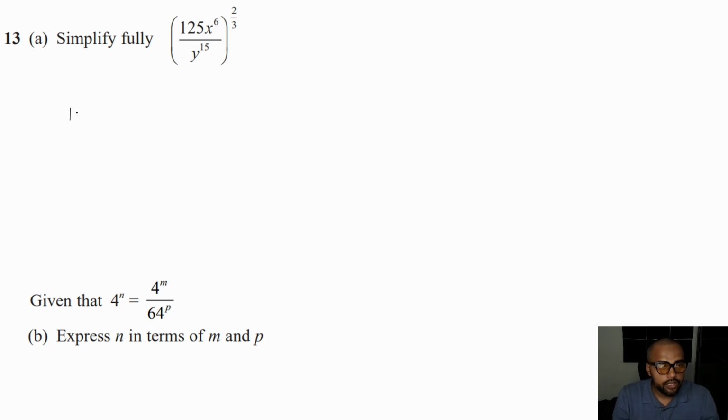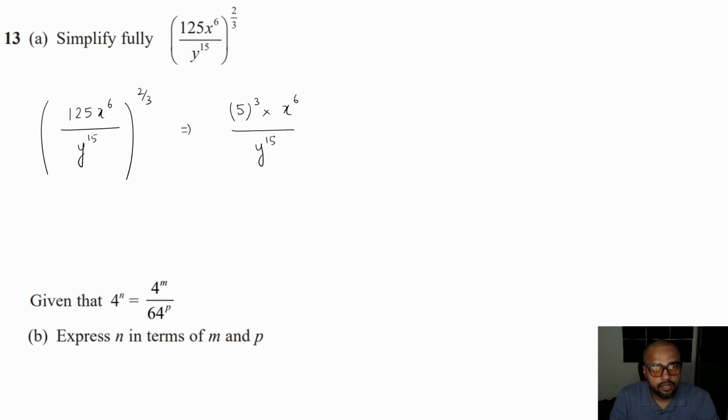Okay. So (125x^6 / y^15) raised to the whole power 2 by 3. How could this be written? We can write 125 as 5 cubed, times x raised to the power 6, and y raised to the power 15, on the power it will be 2 cross 1 by 3.